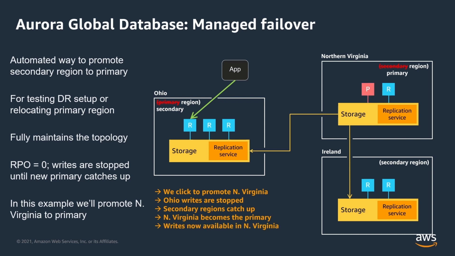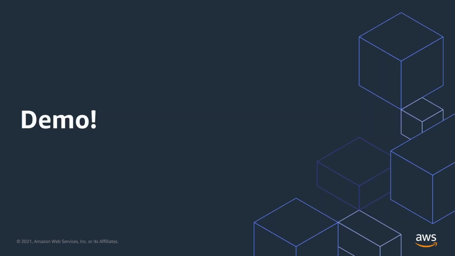And now the new writes are available in the new primary, which is North Virginia region. And at this point, you simply redirect your application to the new primary, and you're good to go. So pretty simple and straightforward. All right, so that was kind of the theory behind planned managed failover. Let's take a look at the demo and see how this works.